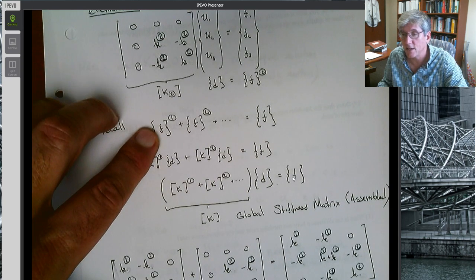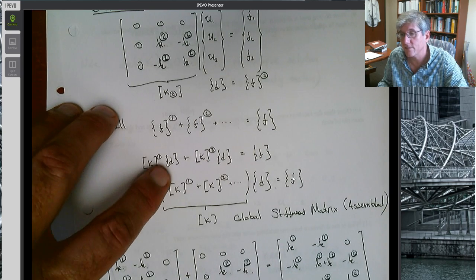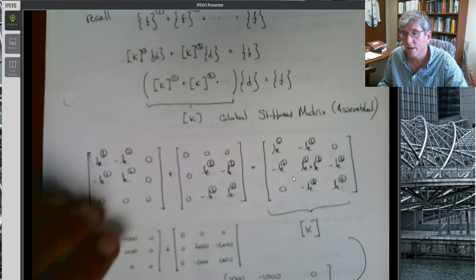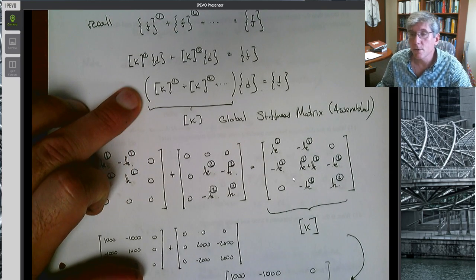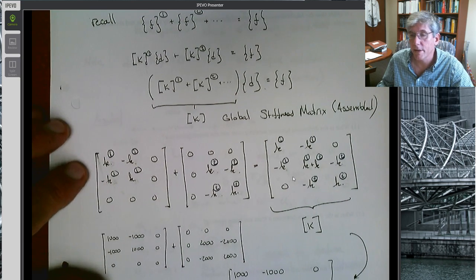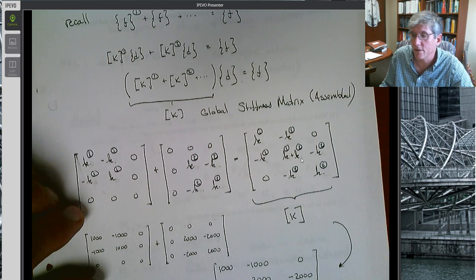So now we can take each F due to the stretch of that element, break it up into KD for that particular element, right? Pull out the D's, and you can see that the global stiffness matrix has to come about just from the sum of these augmented stiffness matrix. We're padding them with zeros, right? And so what you can see here is it's kind of interesting.